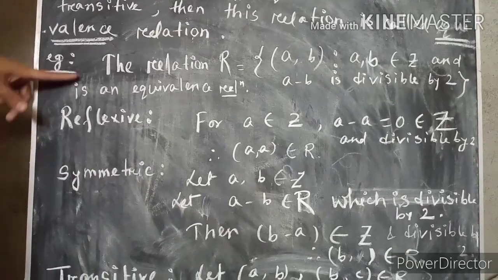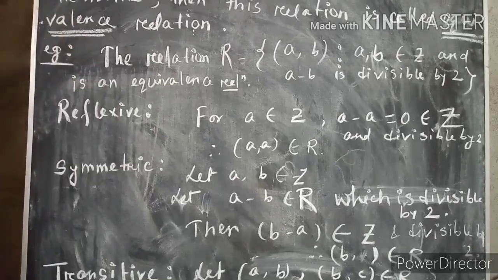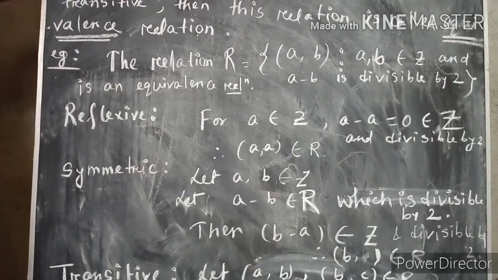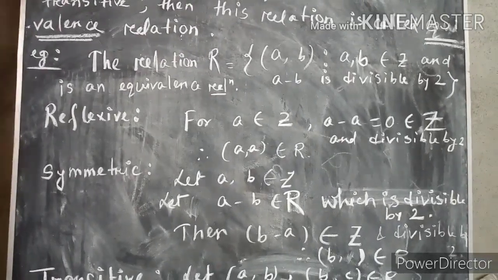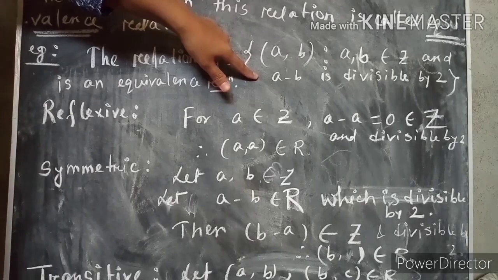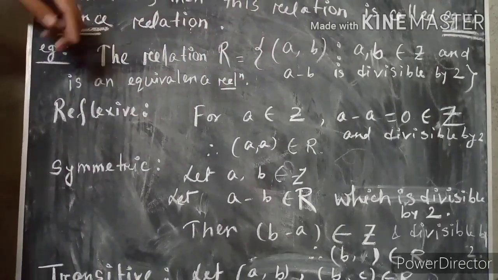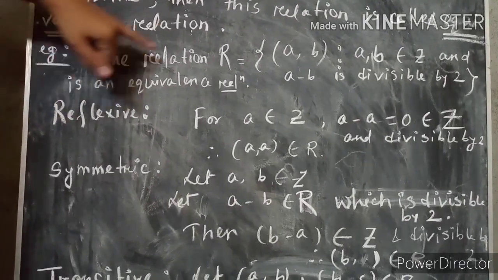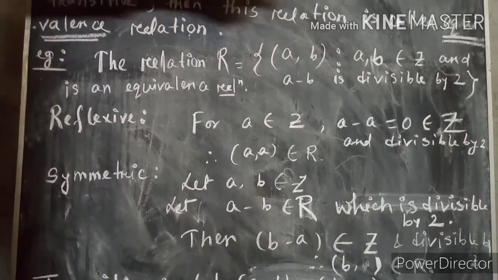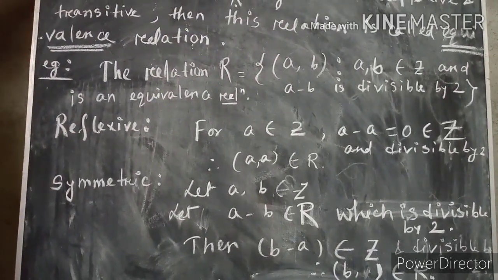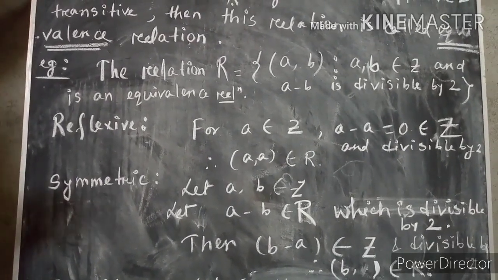So this is the example of equivalence relation: the relation R = {(A, B) such that A and B belong to Z, where Z means the set of integers, and A minus B is divisible by 2}. Then this is an equivalence relation. We have to prove this.